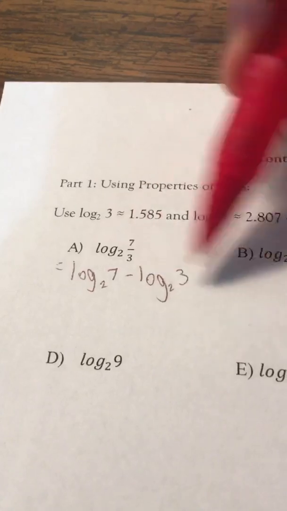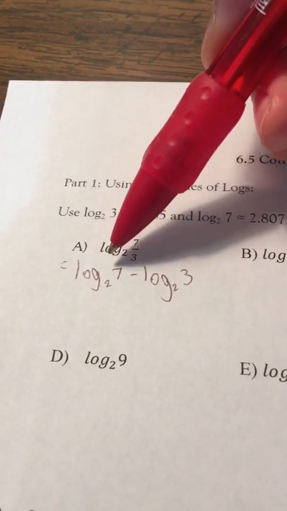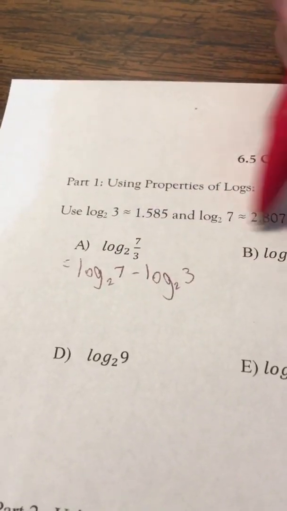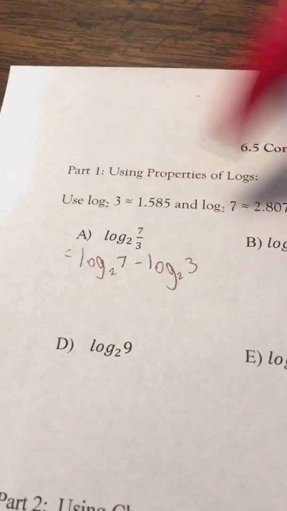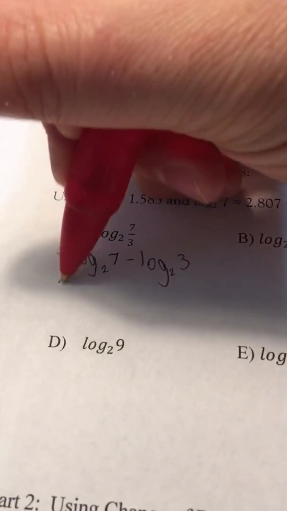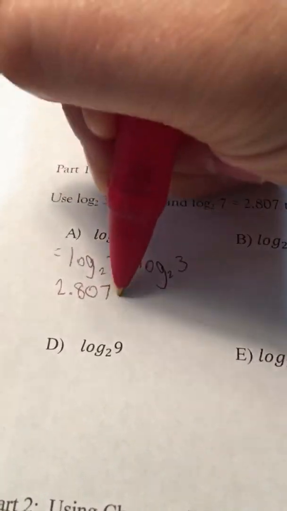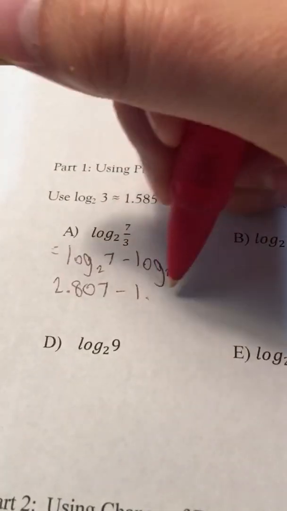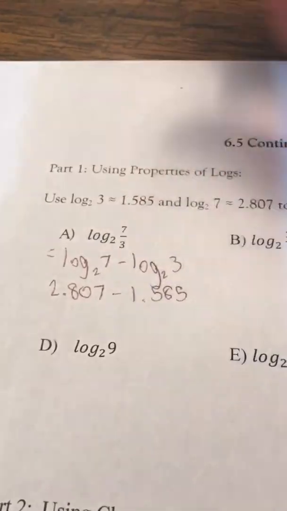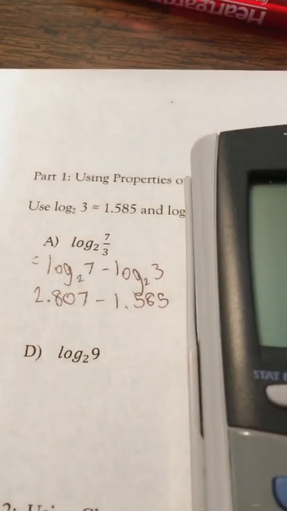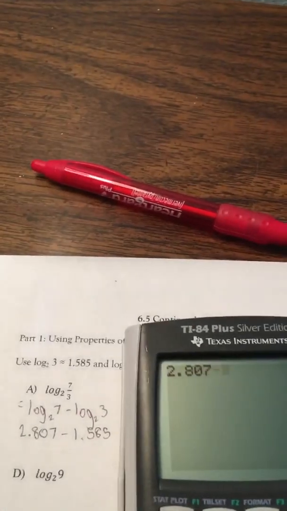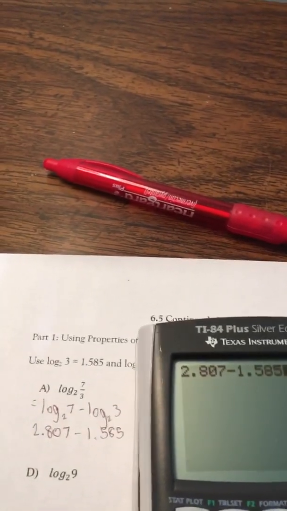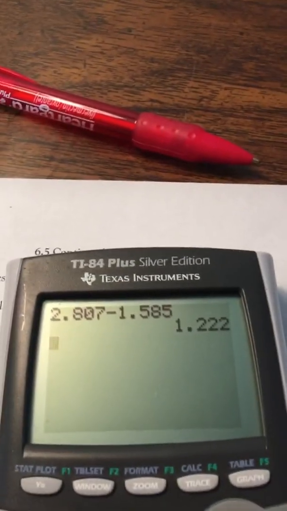I just expanded it just like we just did. And I know log base 2 of 7 is this number, log base 2 of 3 is this number, so I'm just going to subtract these two numbers: 2.807 minus 1.585. I can type that in my calculator, and my answer is 1.222.